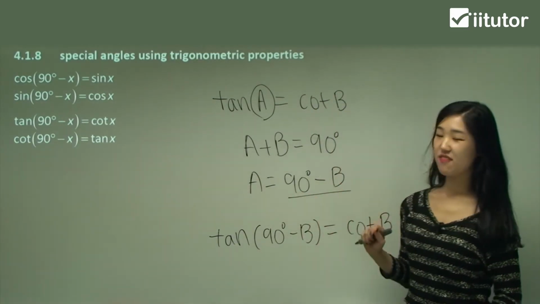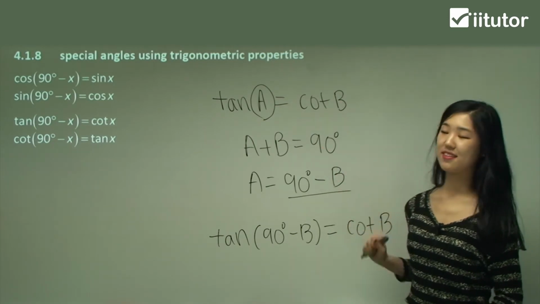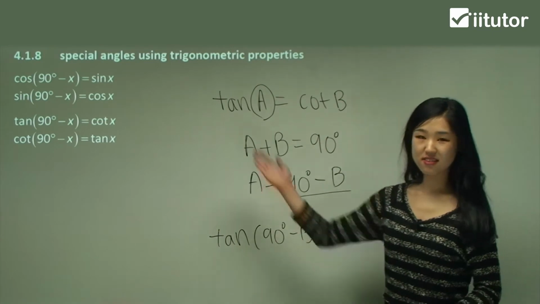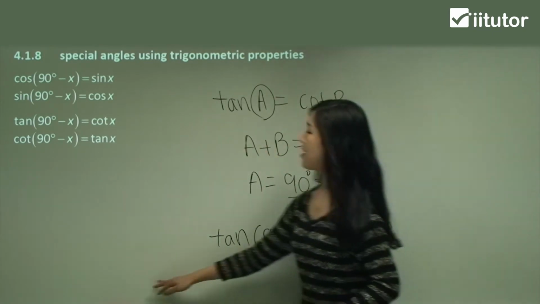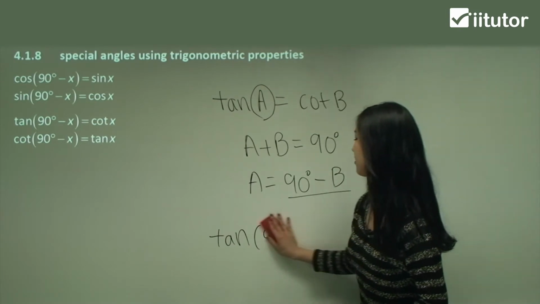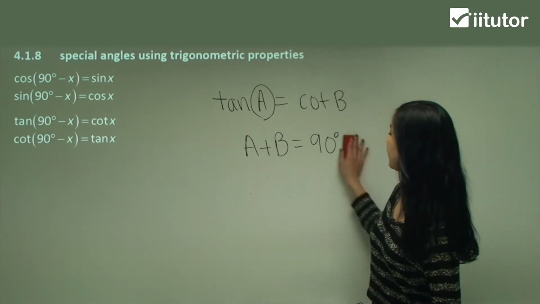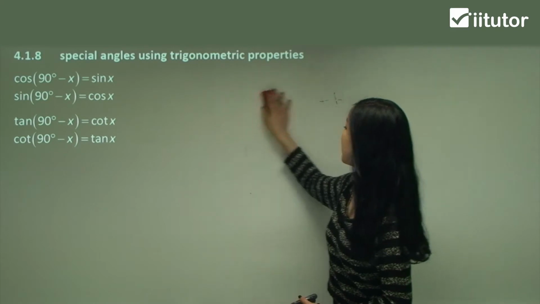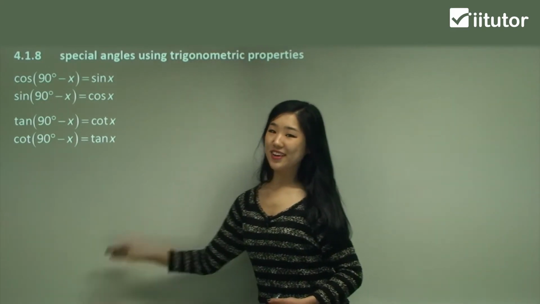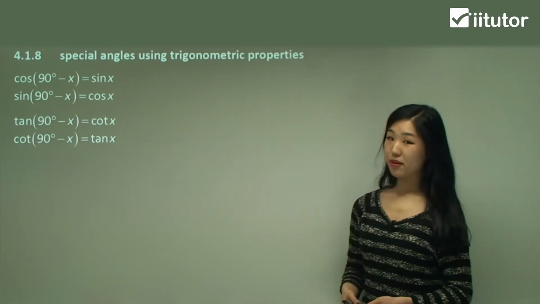Except here, instead of x, I used B, but it's basically the same. So that's why this is the same as that. This is another way you can remember it or approach the question that uses cot and tan. So that was the relationship between tan and cot. Take a look at that one and try to remember it.